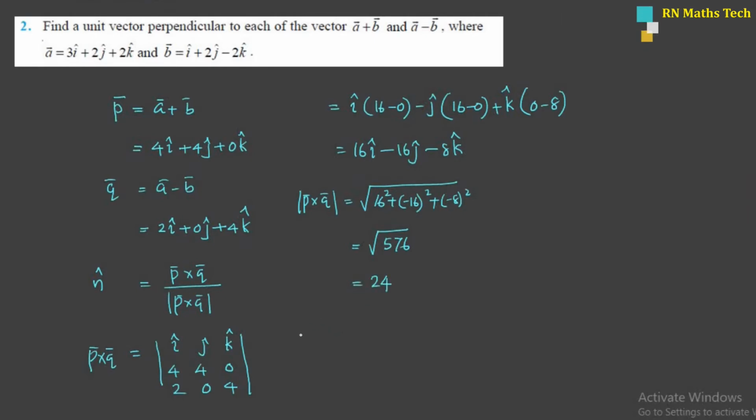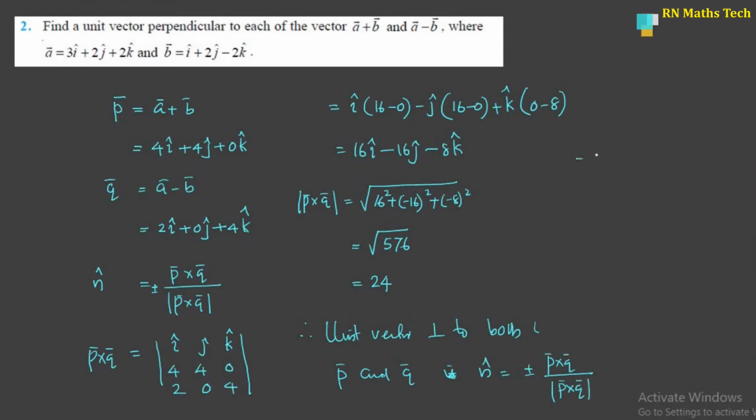Therefore the unit vector perpendicular to both P bar and Q bar, that is A plus B and A minus B, is n cap equal to plus or minus P cross Q divided by modulus of P cross Q. Okay.